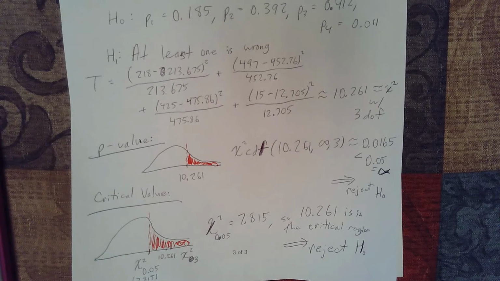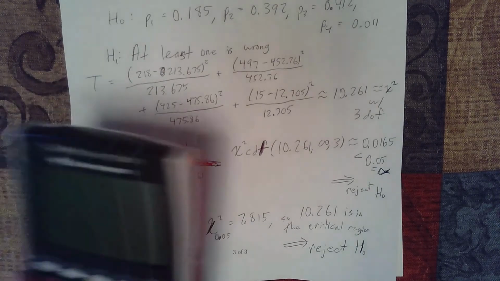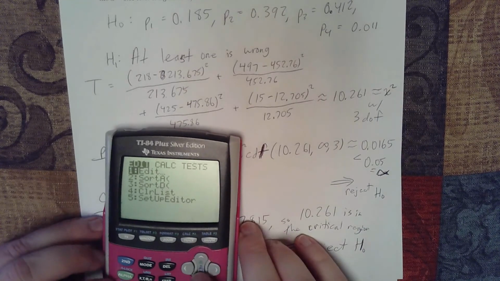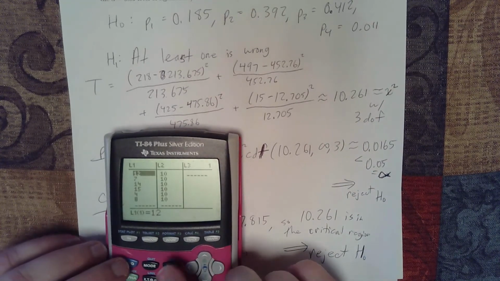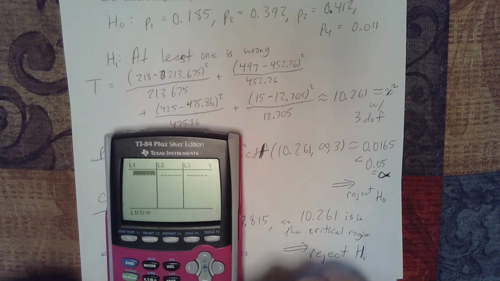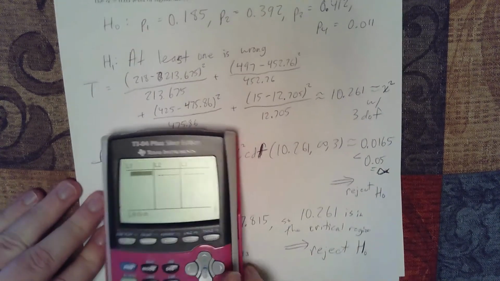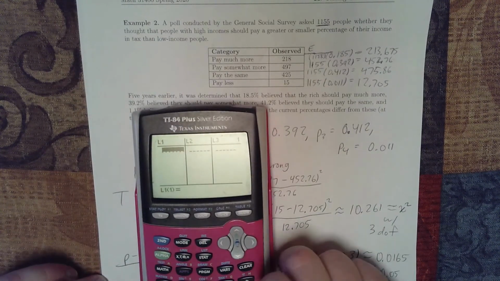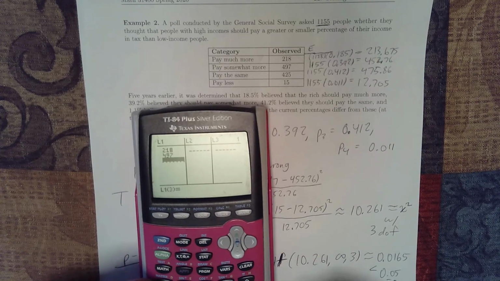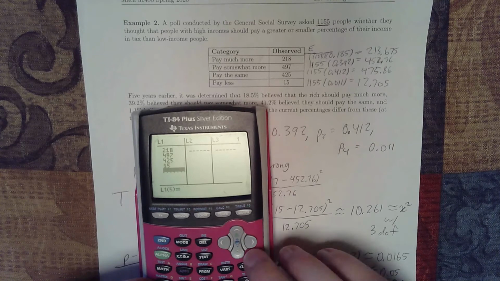All right, and then just to give us one last thing to look at, I want to show you guys how to use the stat menu to find all this information as well. We can go to stat, and go to edit, and create our lists. We can delete everything in both lists. Our observed is 218, 497, 425, and 15.